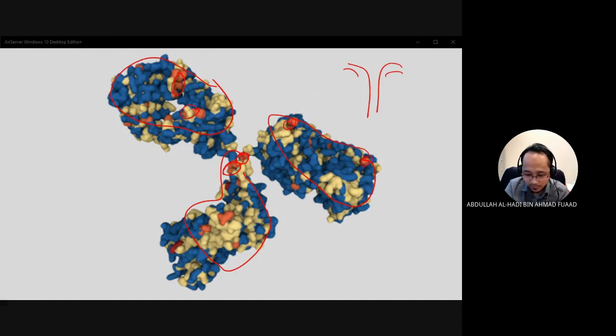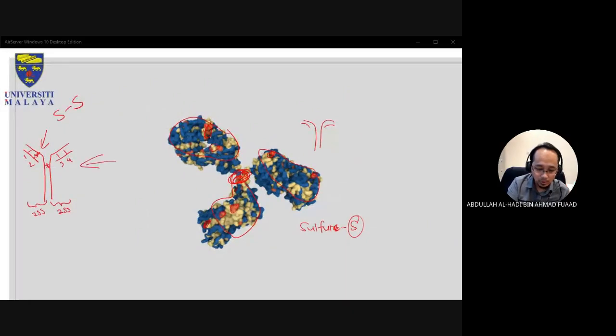This color represents sulfur. When you have a disulfide bond, you will see two of these orange colors next to one another. You see two pairs over that side, and over here you don't really see anything. But based on the structure, you should have two SS very close to one another on the heavy chain, the longest one.